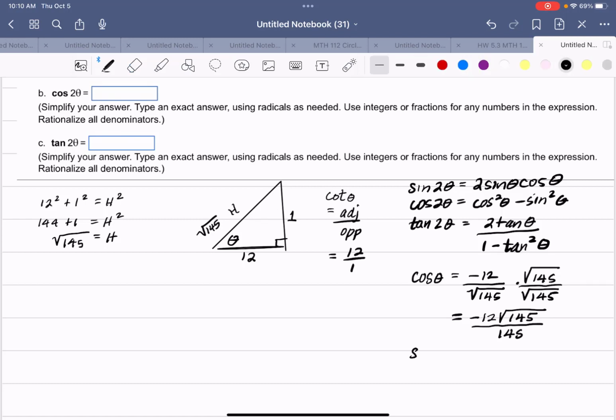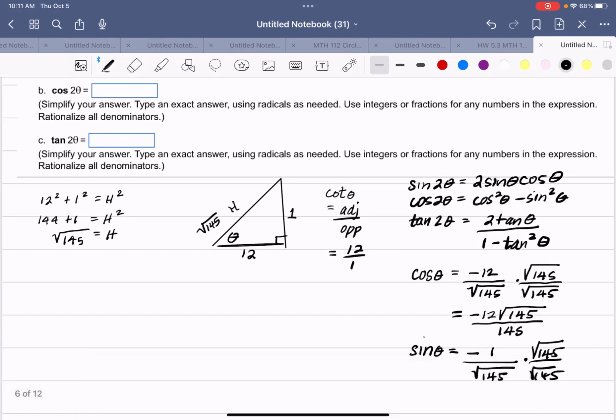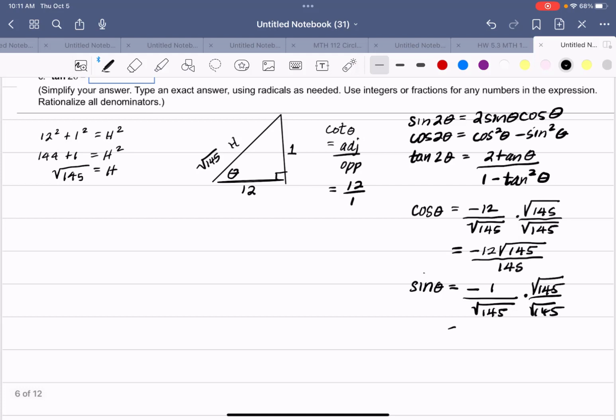Now my sine of theta is also a negative. And my sine is my opposite, 1, over my hypotenuse, the square root of 145. And if I multiply again by the square root of 145 over the square root of 145, I get negative square root of 145 all over 145, and that can't be reduced.